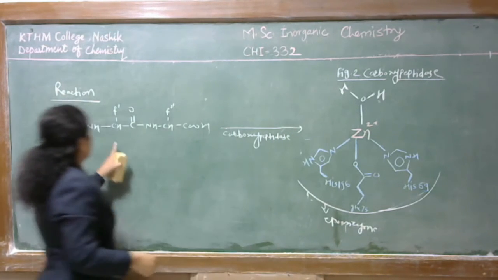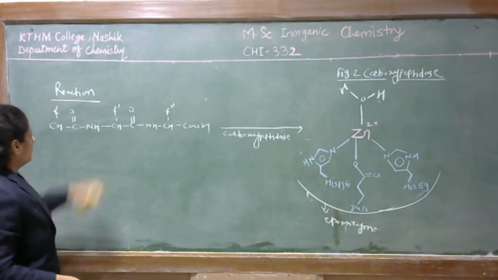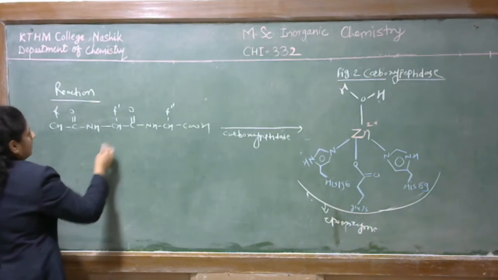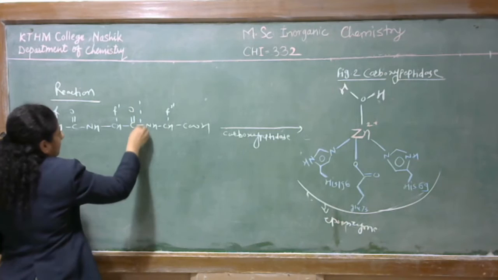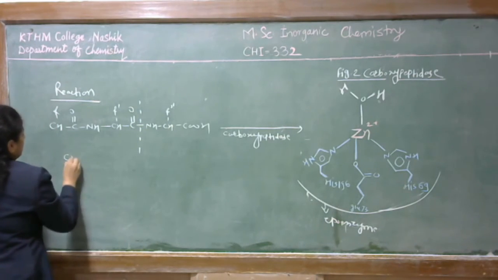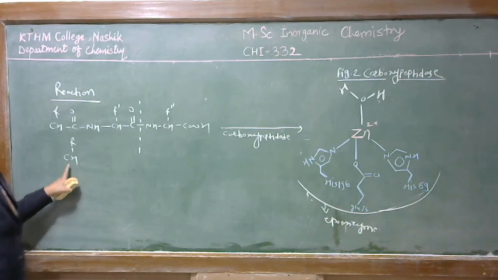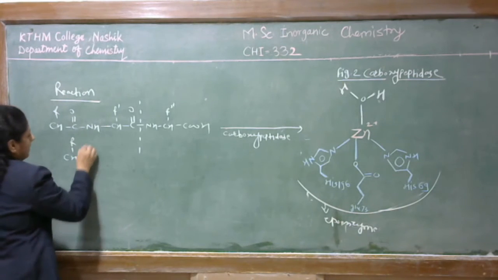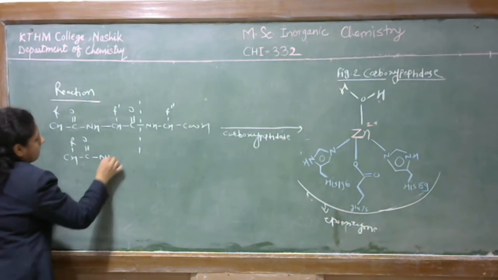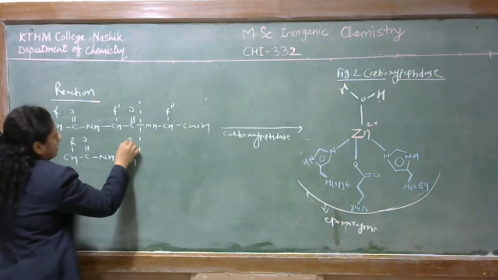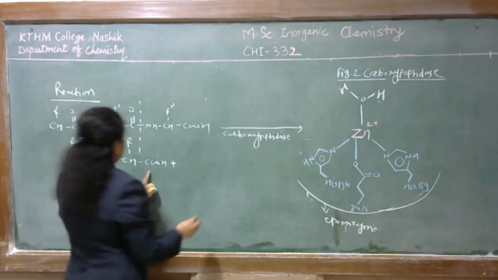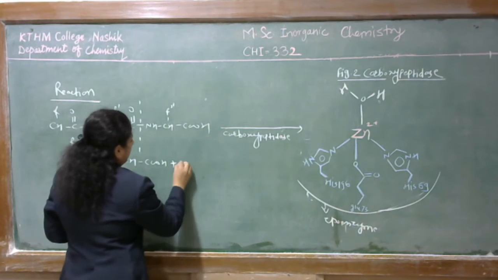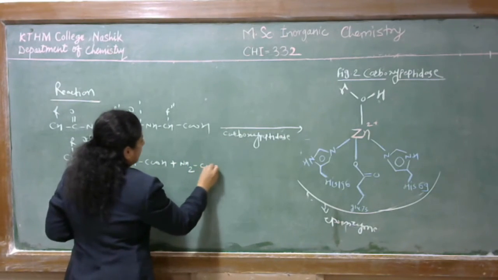Here, this chain can form the stable product, that is, it can be hydrolyzed from here and give the stable product, that is, there is a formation of an acid and the amino group.